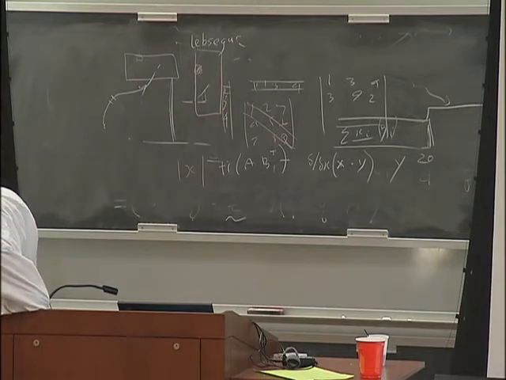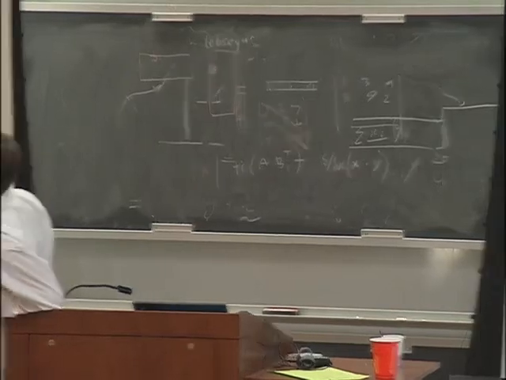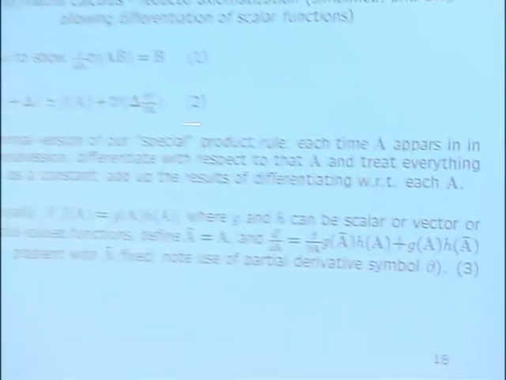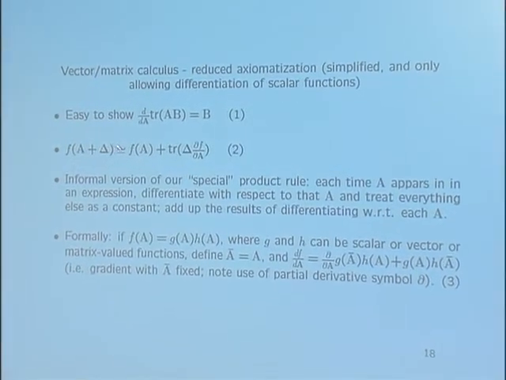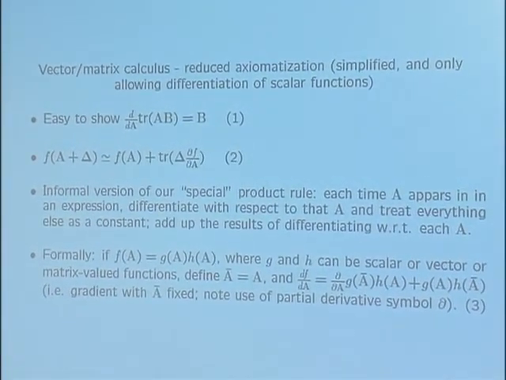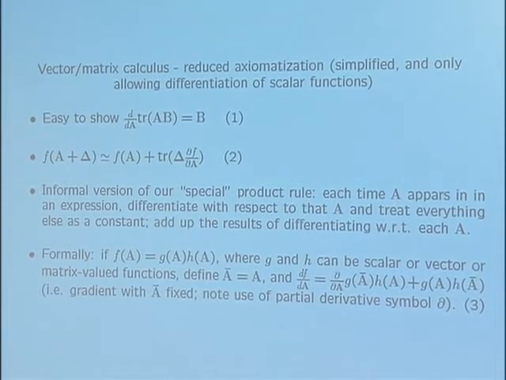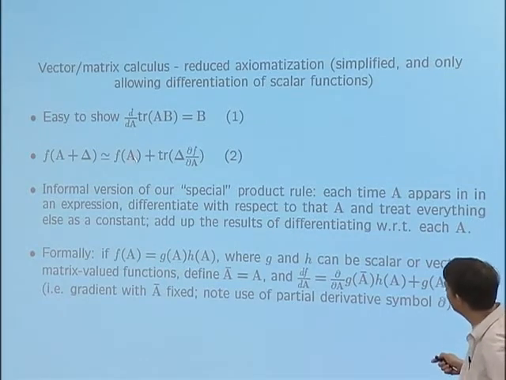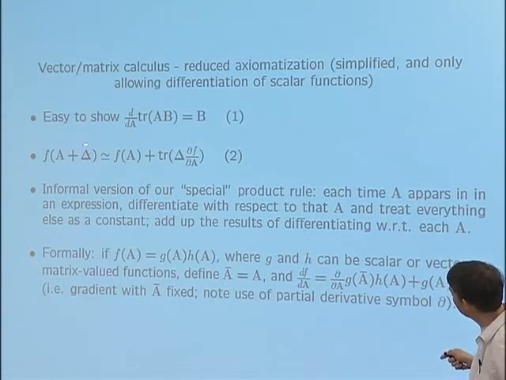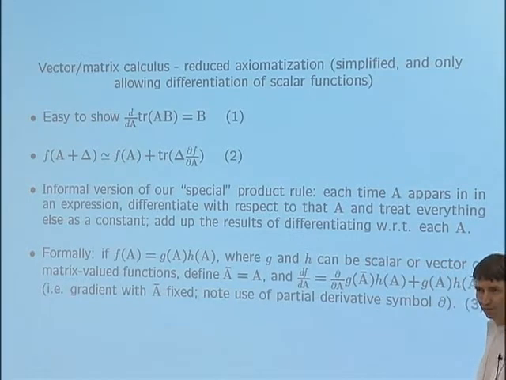So now, this I haven't really properly formalized. What I mean by this approximately equal to notation is that this is a linear approximation, so it's locally valid. I should have made it much more formal, but that would be very complicated. So what I mean here is delta is like a change in A, and f is a scalar valued function of these matrix values.